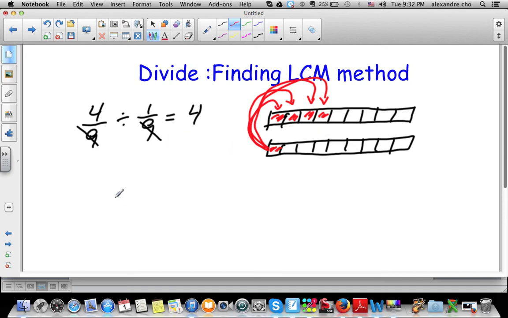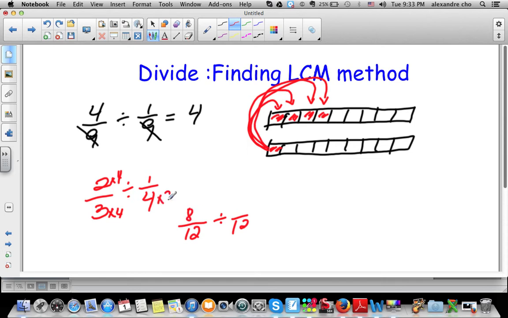Now, here's where the LCM method comes in. So if you had 2/3 divided by, I don't know, 1/4, then in this case you will need to find the LCM, which in this case is 12. So this would be 3 times 4, the top one would be 2 times 4, which is 8.